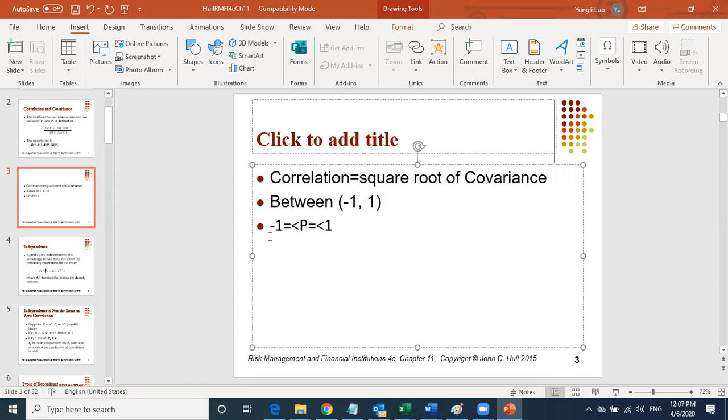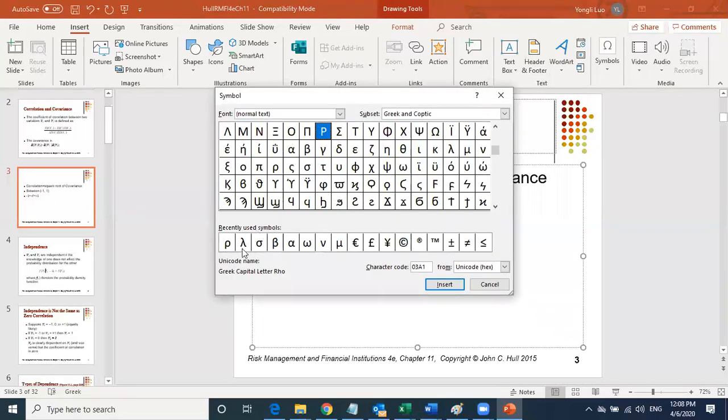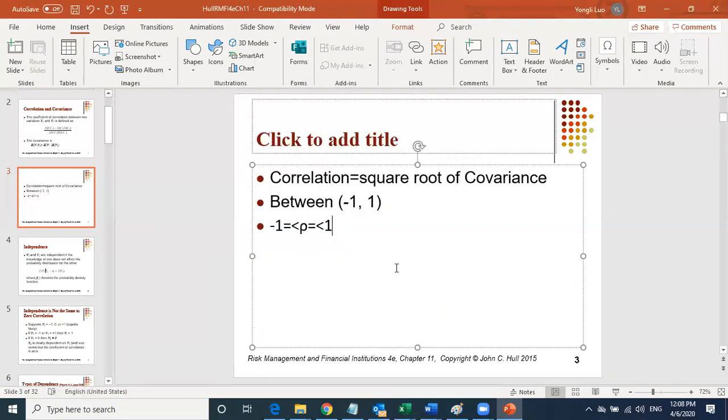If the correlation is equal to 1, we call them perfectly correlated. If it is -1, it's perfectly negative correlation. Oh, this one we need to change that symbol. We're using rho instead of p.